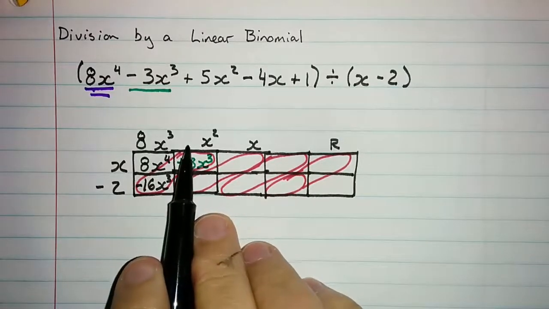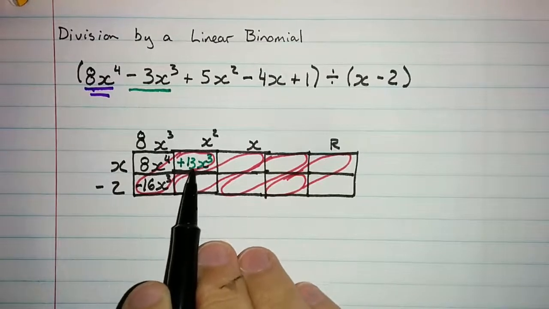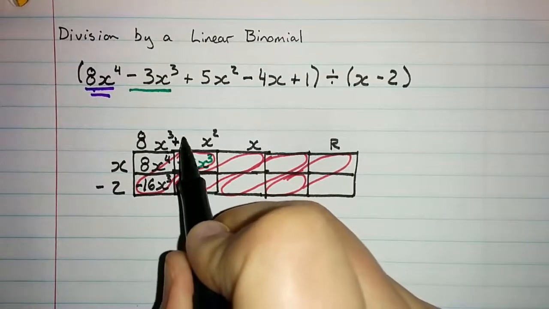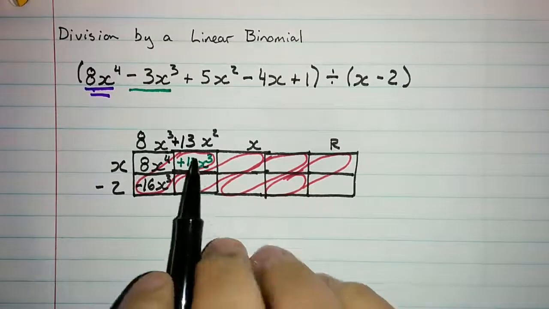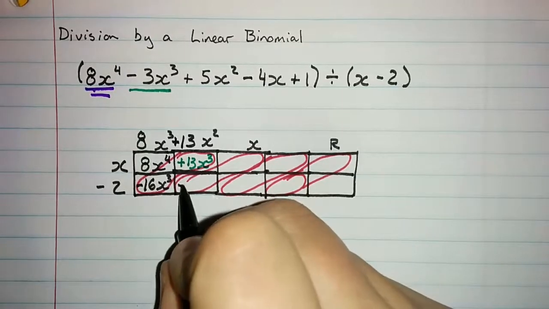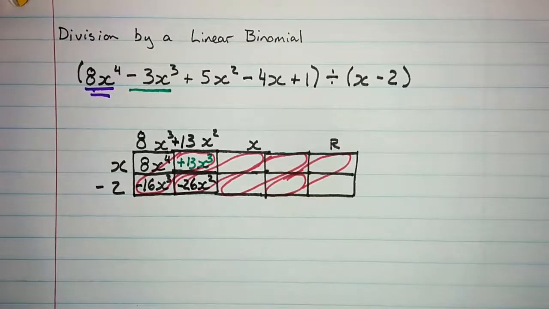Oh, but then I know what number has to go here, because x times whatever this is has to be positive 13x cubed. So this has to be positive 13x squared. Multiplying 13 times negative 2, I'll have negative 26x squared here.